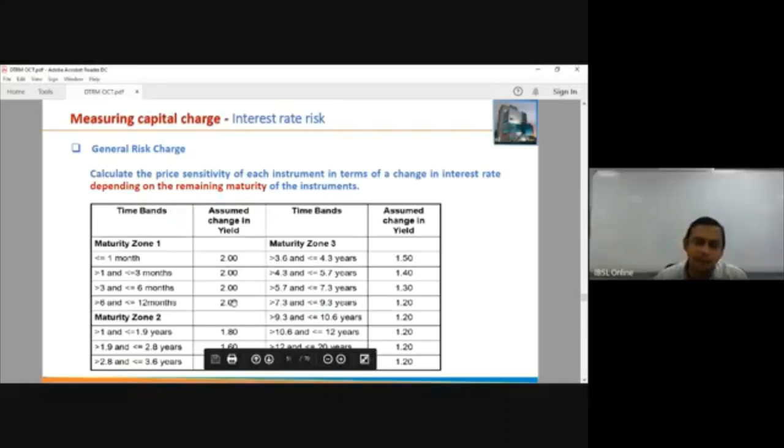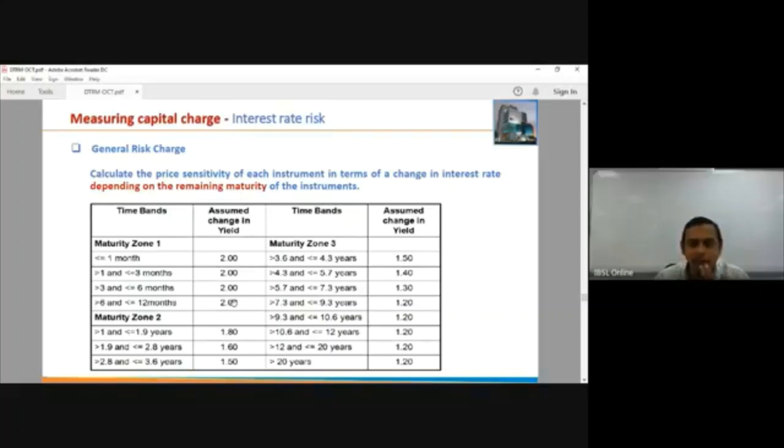Then you compute again the market value for the same instrument, assuming the yield rate will change by 2%. Now tell me what information you need to input. What is the face value you will input? 100 rupees. Face value is the same, it will not change.